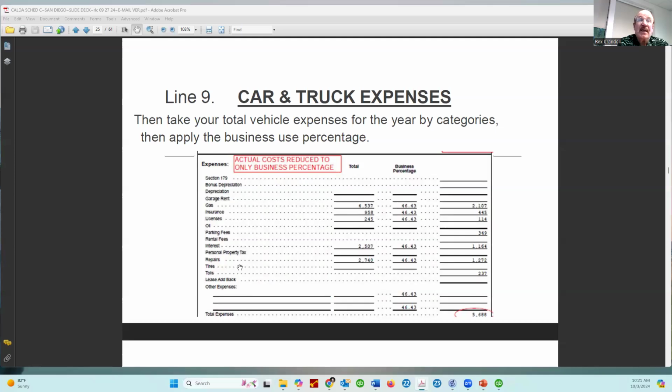These might be good categories for your accounting system. Then we list the total cost, business and personal. Then we take the business use percentage and reduce the cost that you paid down to the business use percentage. And then we run a total of what was the business expense using this method.